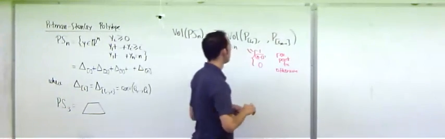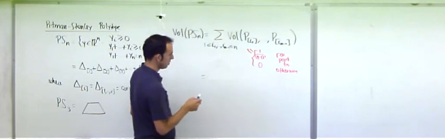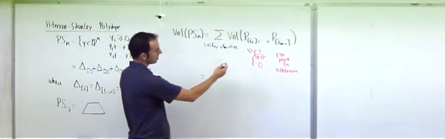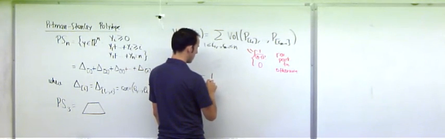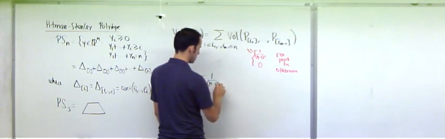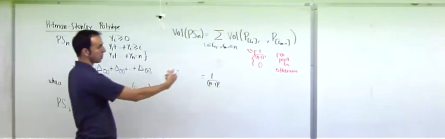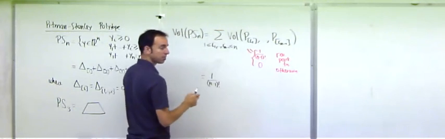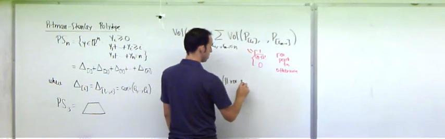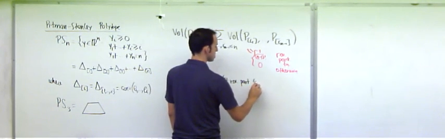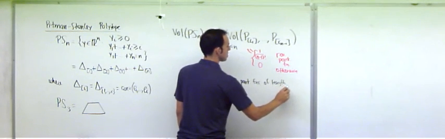And I'll remind you what a reverse parking function is in a second. But before I do that, what you'll notice right away is that basically what we have here is 1 over n minus 1 factorial times the number of ones that appear, right? The number of reverse parking functions of length n minus 1.